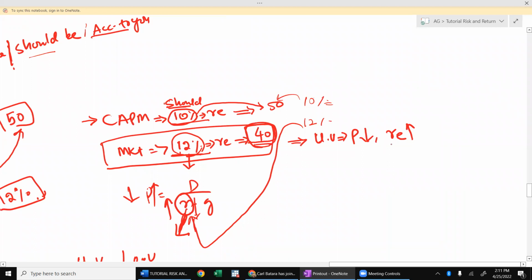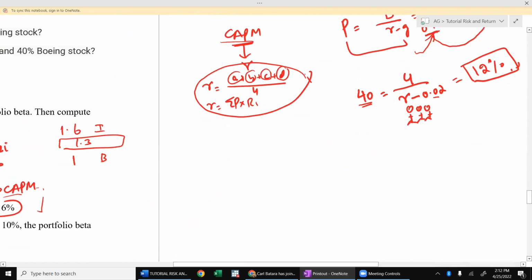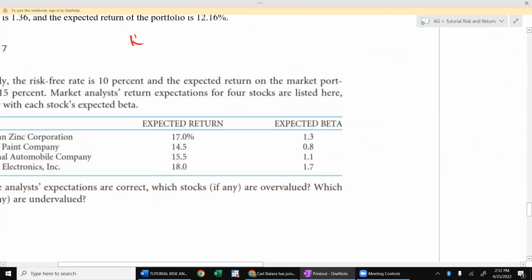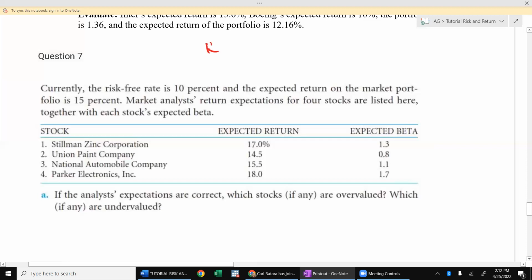Or in other words, required return is higher. That is why the price is lower, so that it is making the asset undervalued. We will see how it is happening in this question. I hope this will help you to understand the coming explanation.